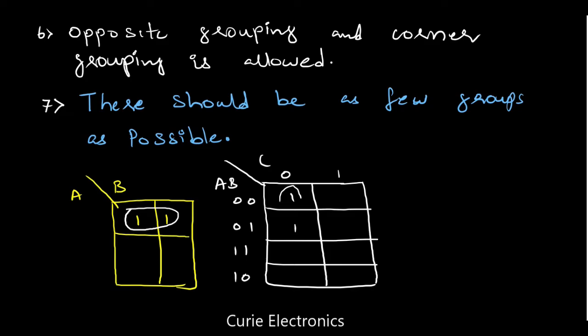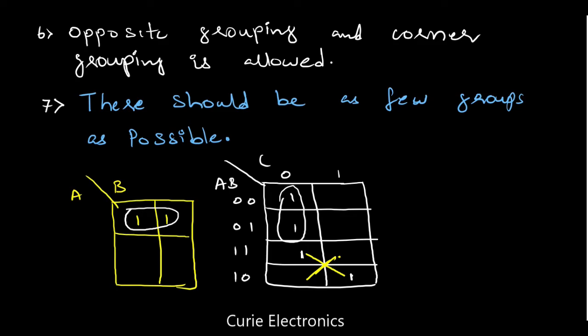This is the vertical pairing. Here 1 is there, here also 1 is there. This is actually horizontal. These ones are not horizontal. These are diagonal. This cannot be paired. These ones can be paired. So diagonally you can't pair. Horizontally you can pair. Vertically also you can pair.